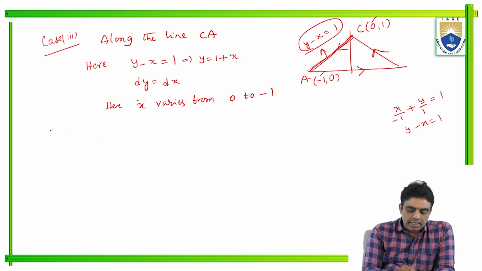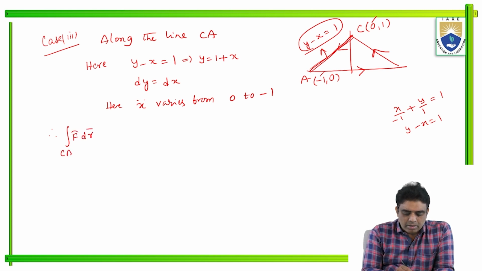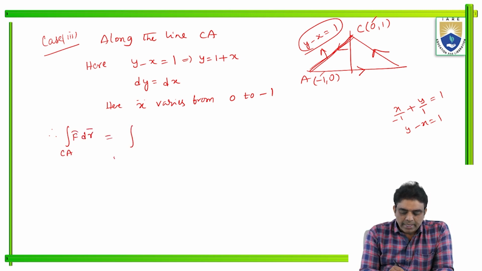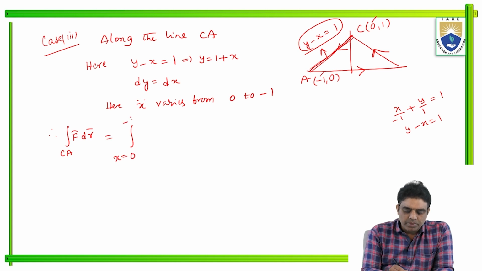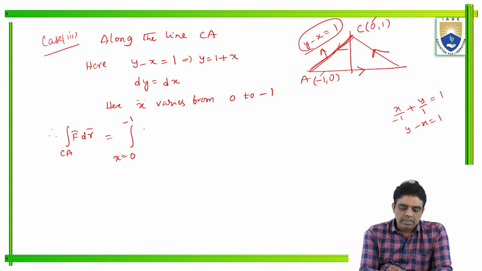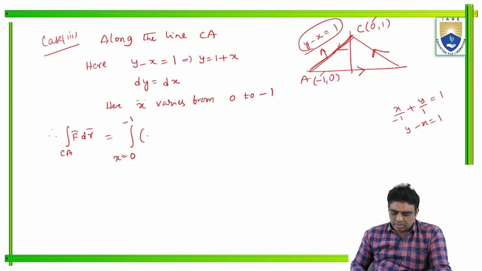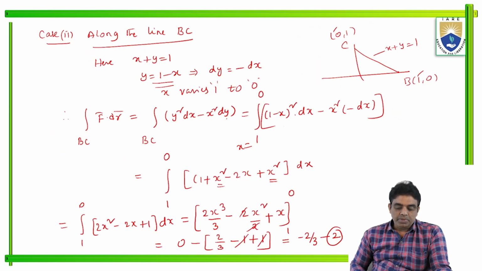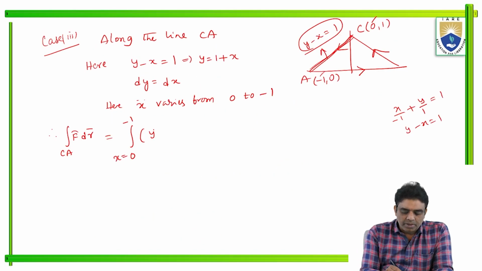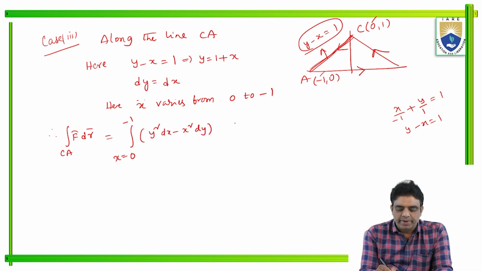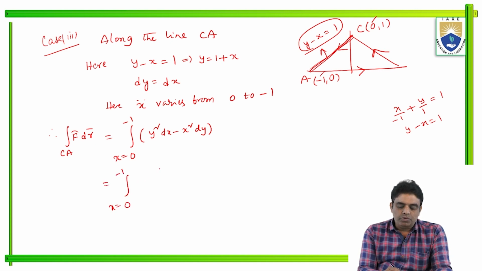Therefore, the integral of F dot dr along CA is equal to the integral with x from 0 to -1 of y square dx minus x square dy. What do we have to substitute?